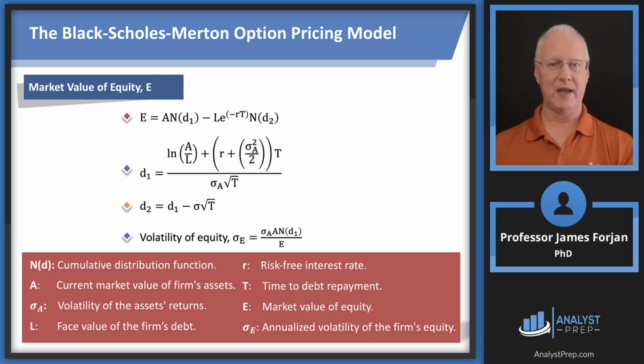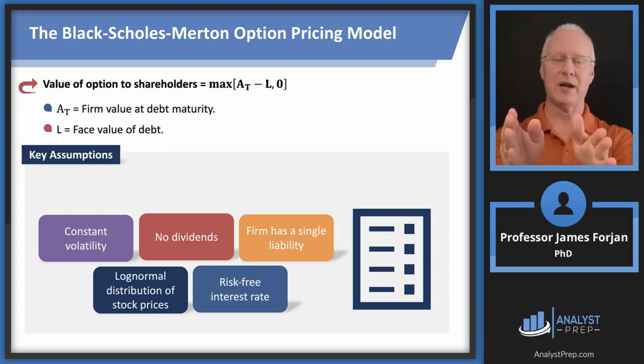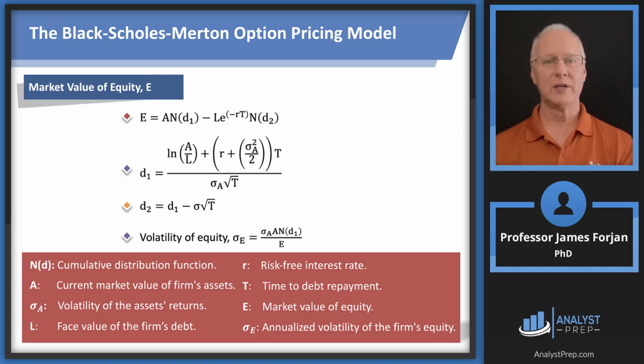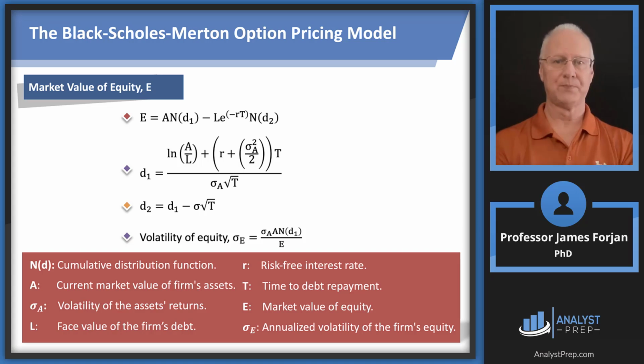Right at the top, there's an A, and there's a minus an L. So we're using this basic model right here, the value of the assets minus the face value of the bond issue. But what we're going to do is adjust them in two ways. We're going to adjust them by volatility. So there's an N(d1) and there's an N(d2). I'll tell you about those here in just a second.